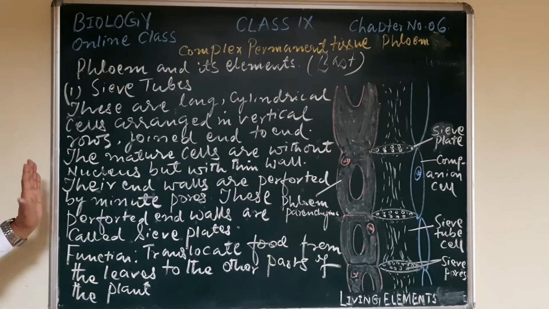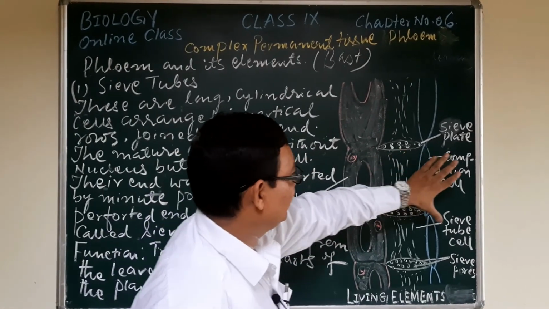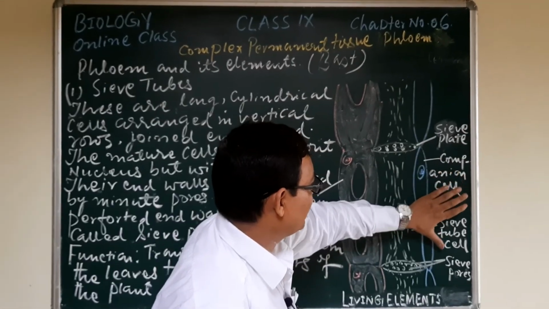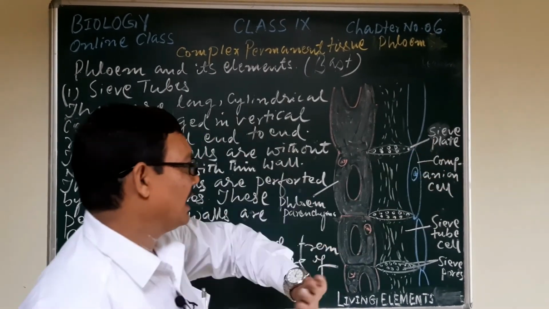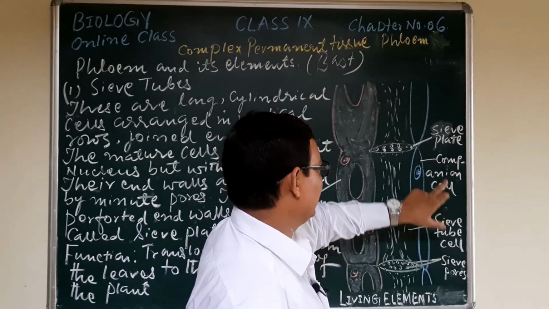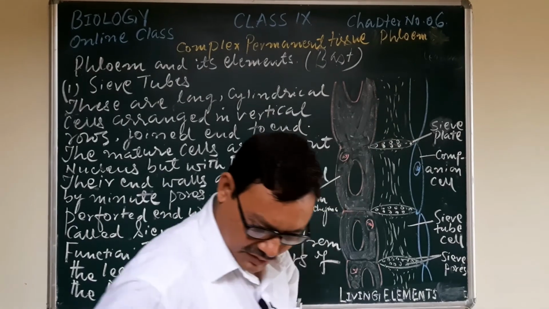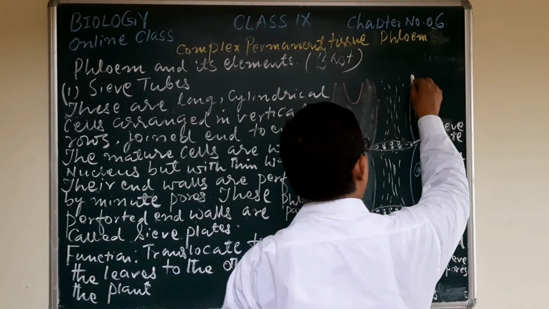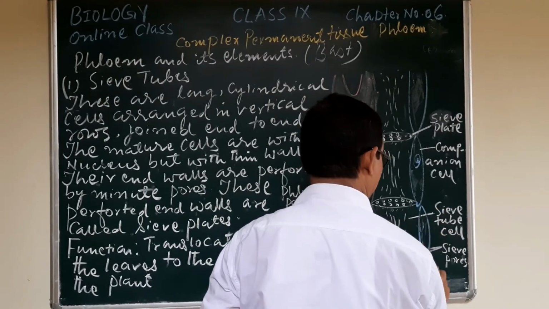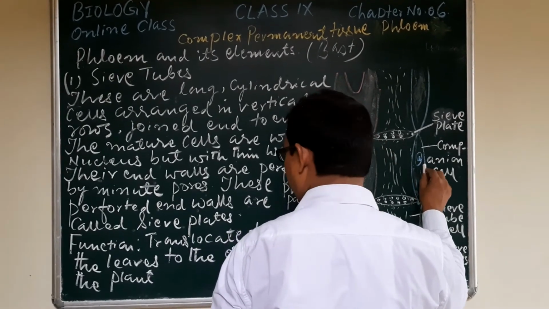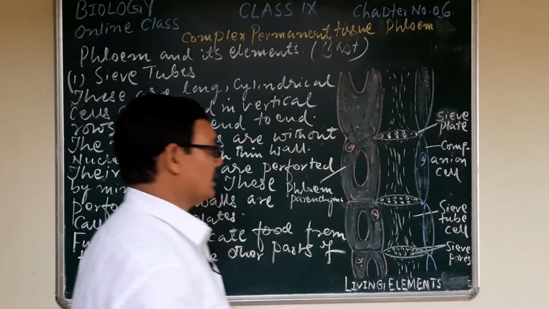Adjacent to this is the second important living element of phloem, the companion cell. In the companion cell you may see dense cytoplasm and a prominent nucleus.